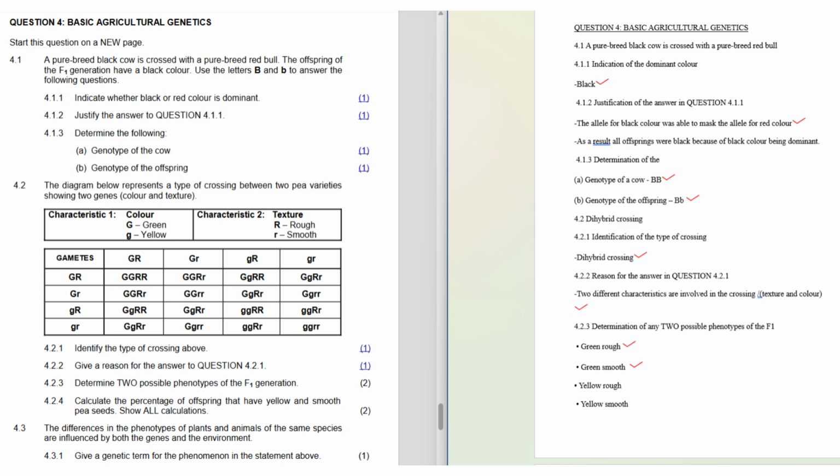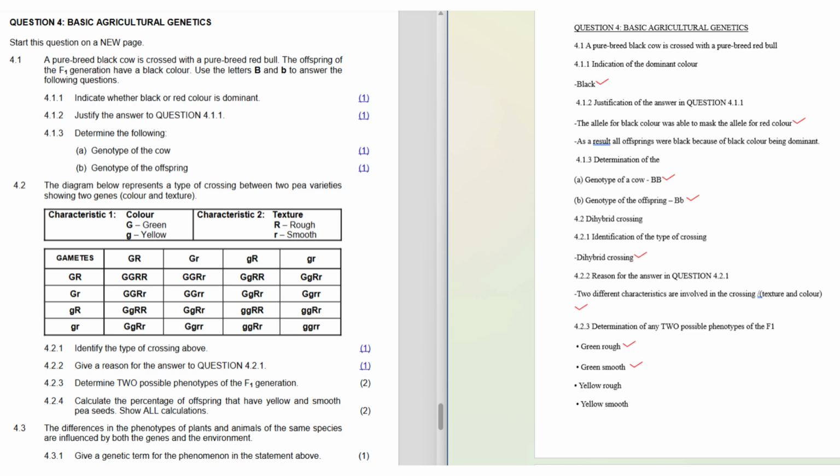Let's go back to our question. The genotype of the cow. We look at our sketch here. The cow is having a homozygous dominant allele, BB, two capital letter B's.